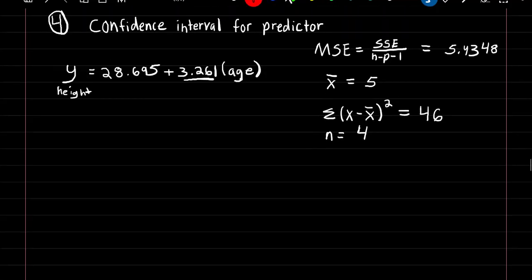Confidence interval for predictor. So we found our estimated predictors, 28.695 and 3.261.